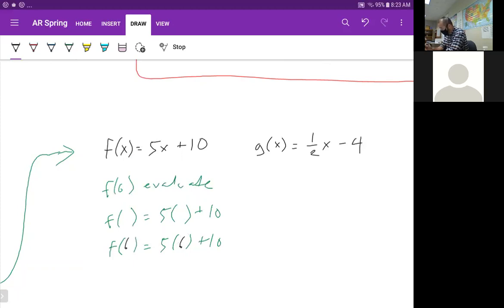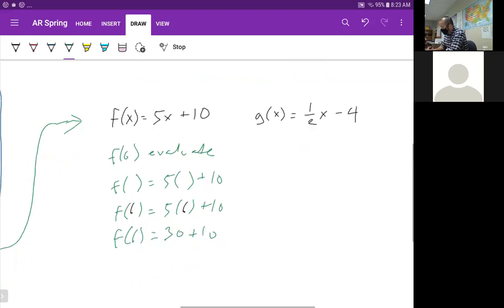So f of 6 equals 5 times 6 is 30, plus 10. So f of 6 equals 40. So this is evaluating functions, which is also called function notation. If it said g of some number, you plug it into g. Okay, what's next?